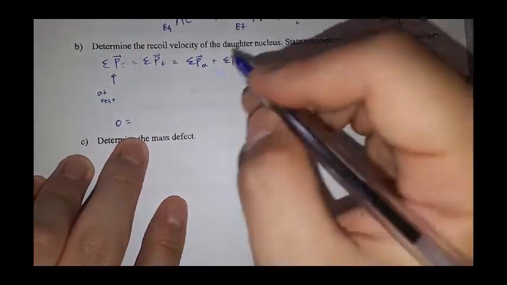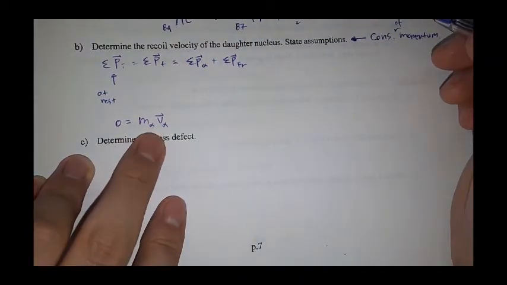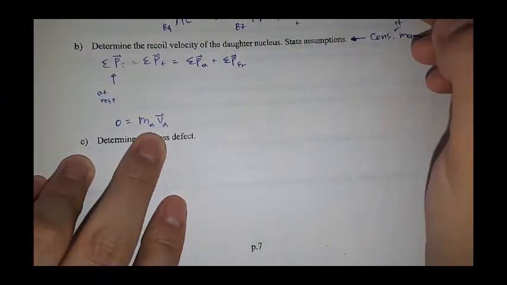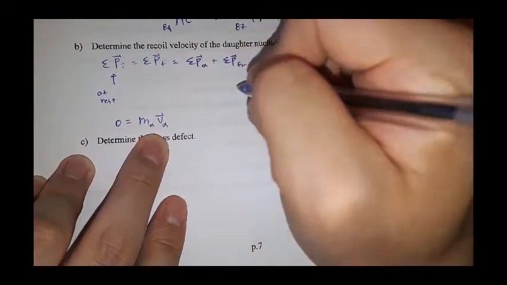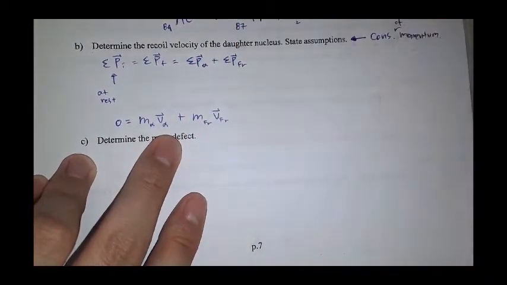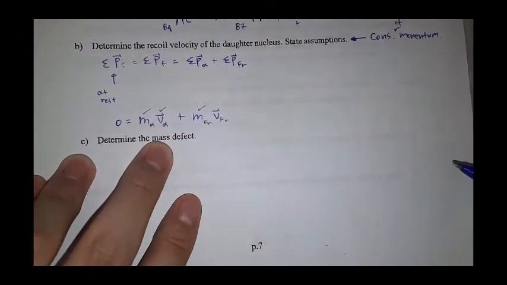My momentum for the alpha particle can be like this: m alpha v alpha, plus m francium v francium. You can put it in that way. Now, one thing that we know is we know the alpha particle speed, mass, and we know the mass of francium, but we don't know the v.